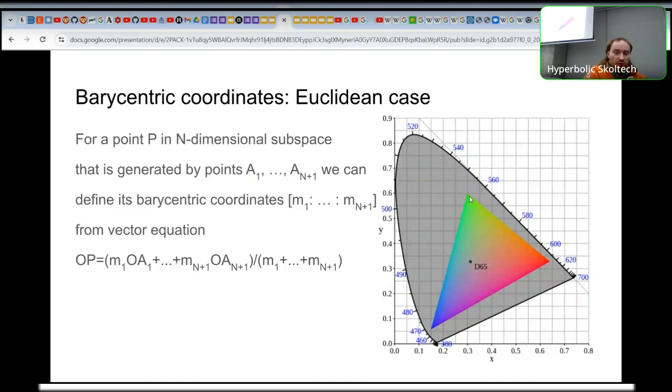The more mass the green vertex has, the greener your mass center will be, and the more mass on the red vertex here, the redder your mass center will be. Okay, this is the Euclidean case.